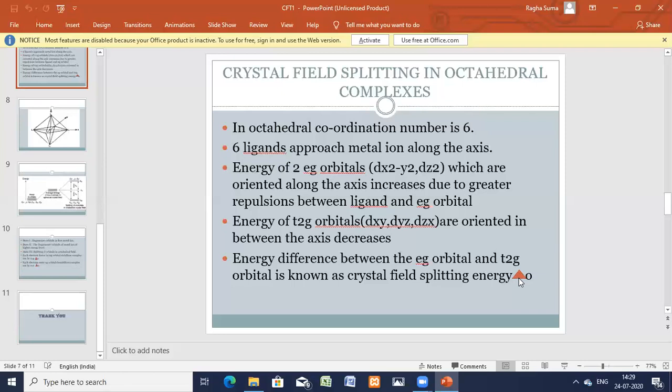I'm repeating, the conversion of 5 degenerate d orbitals of the metal ion into 2 sets having different energies is called crystal field splitting. Okay, so this is what I have explained. I hope everybody has understood.